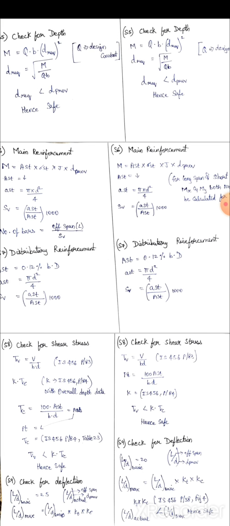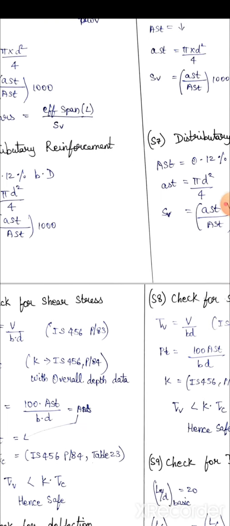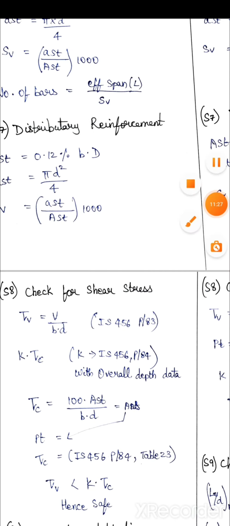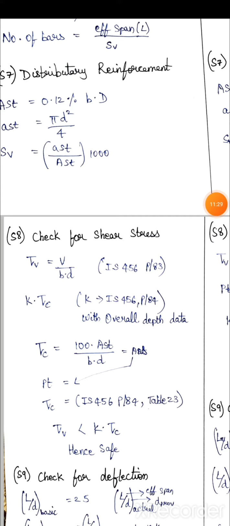Next comes check for shear stress. It is same for one-way and two-way slab. So the condition for check for shear stress is tau v should be lesser than tau c. So the design will be safe.